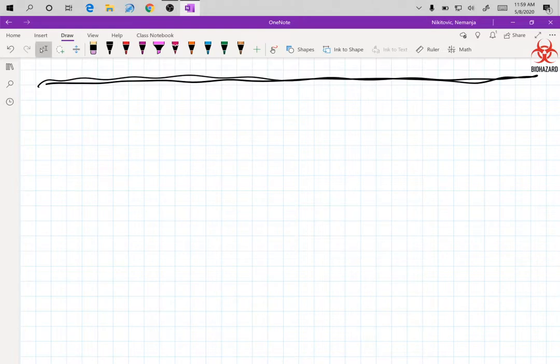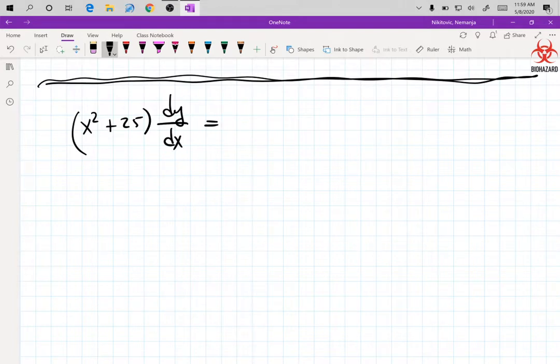But anyway, x squared plus 25, we use dy dx if we're going to do the separation, and x minus xy, like this, it doesn't look cool. Like this x over here doesn't look cool.